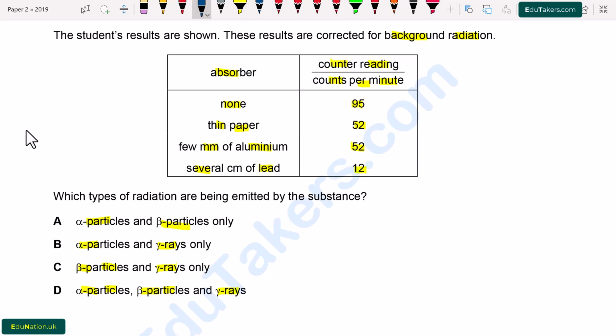First of all, when there is thin paper, the count rate decreases and it becomes 52. It means that alpha particles are present. Second, when we place a few millimeters of aluminium sheet, the count rate remains the same. It means that there is no beta particle.